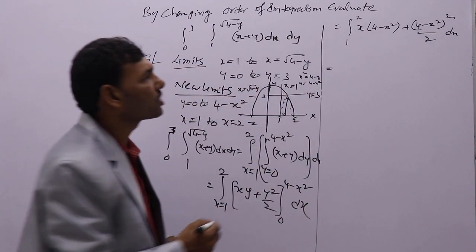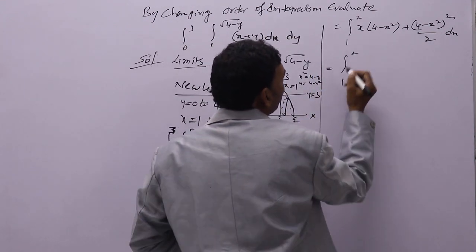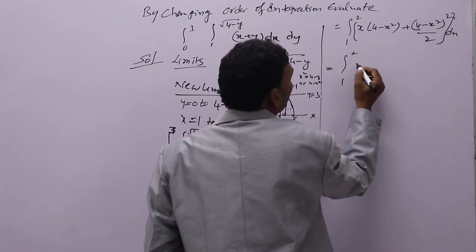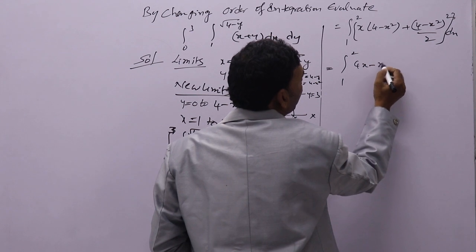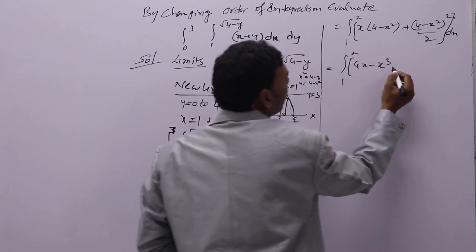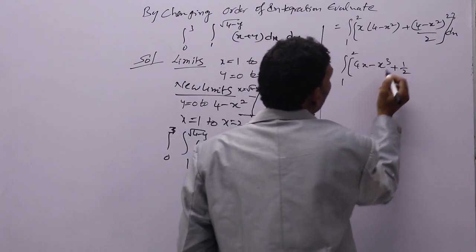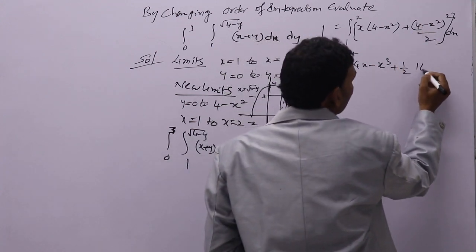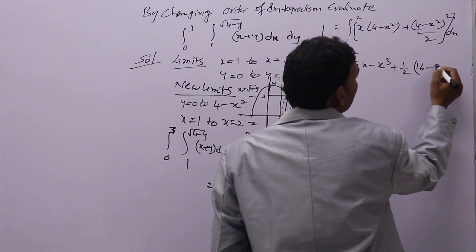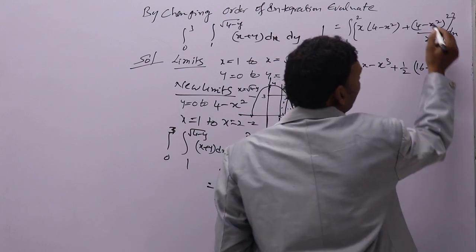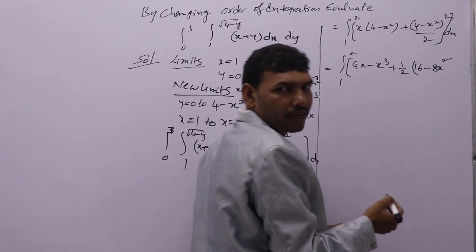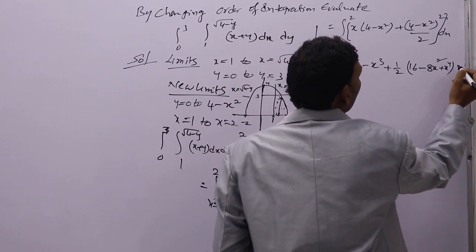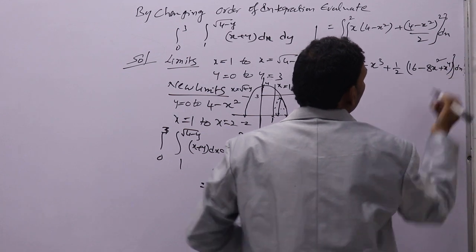Now simplify this one: integral 1 to 2, 4x minus x cube plus 1 by 2 into 4 square, a minus b whole square, 16 minus 8x square plus x to the power of 4, dx.